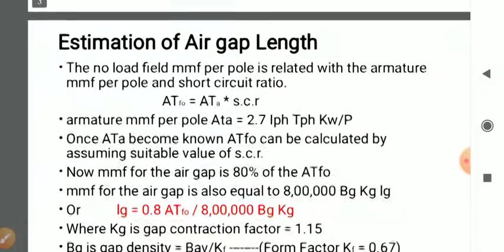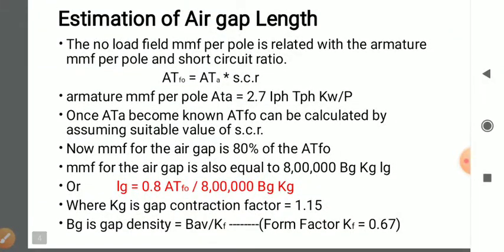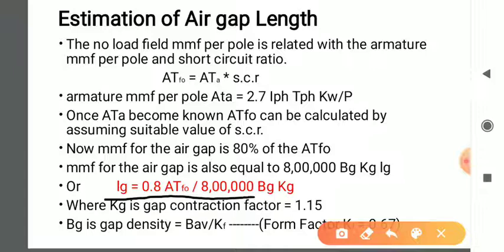Now let me discuss the estimation of air gap length. The air gap length is calculated by using the expression Lg equals 0.8 into ATFO divided by 8 lakh into Bg into Kg. In this expression Lg is the length of air gap and ATFO is the no load field MMF per pole.